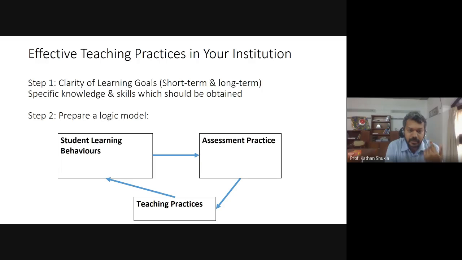So जैसे कि मैंने अपने कोर्स के लिए जो syllabus बनाया है, I'll be also sharing with you. I can also go through in a while. But for your program, for your institute, this is what you can also do. Okay, first step is to have clarity. What sort of learning goals, learning objectives you want your students to have.